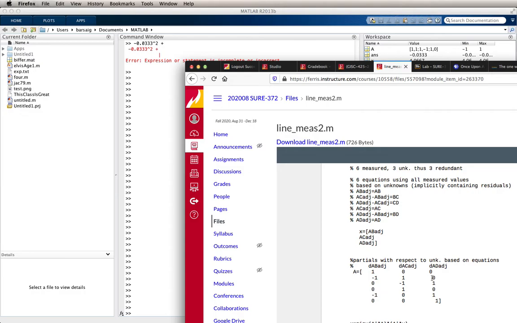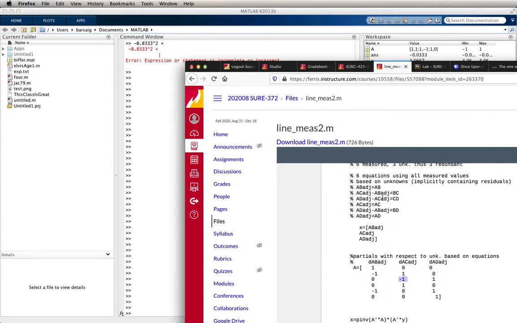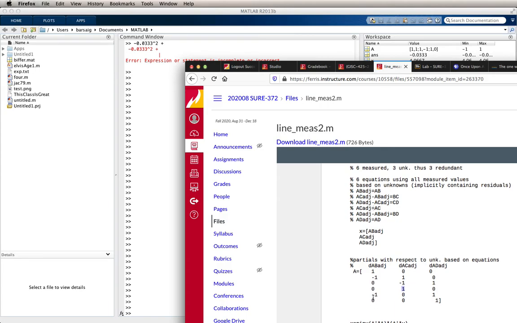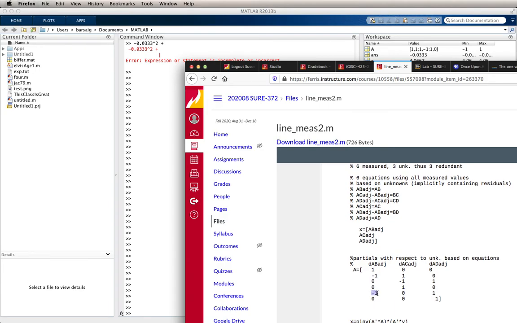There's no AD adjusted. So for the third one, it's going to be minus 1 with respect to AC adjusted and 1 with respect to AD adjusted. There's just AC adjusted in the fourth one, a minus AB and a plus AD adjusted.